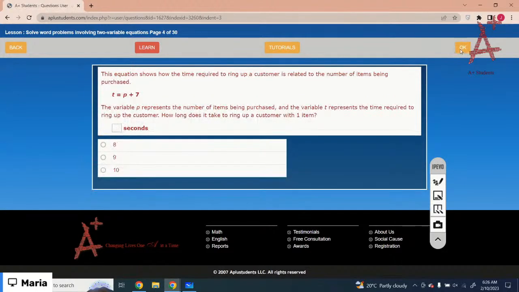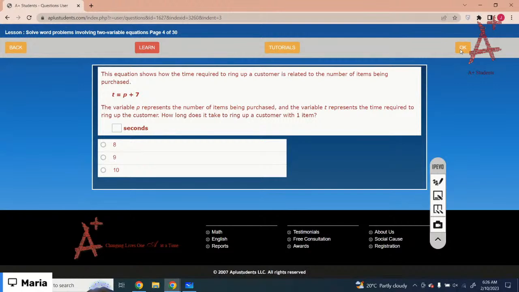Okay, the next one is this equation shows how the time required to ring up a customer is related to the number of items being purchased. So the equation is T equals P plus 7. The variable P represents the number of items being purchased, and the variable T represents the time required to ring up the customer. How long does it take to ring up a customer with one item? Got it?